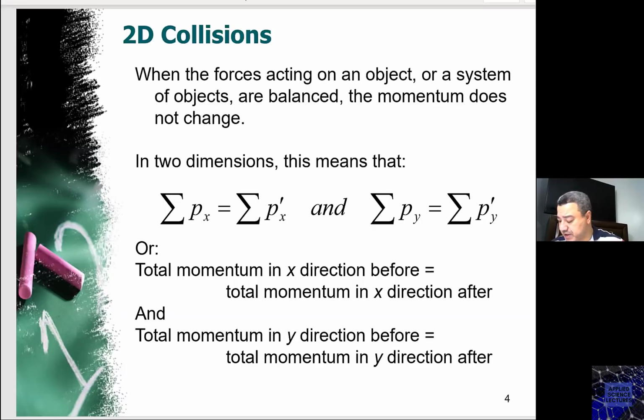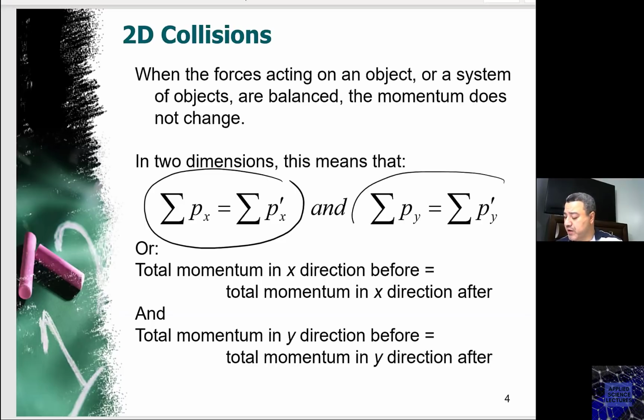So the difference is basically looking at the sigma of the momentum for the x component: the sigma momentum for the x component before equals the sigma of the momentum for the x components after. Same thing for the y component. So we will be looking at the decompositions of those vectors on x and on y.